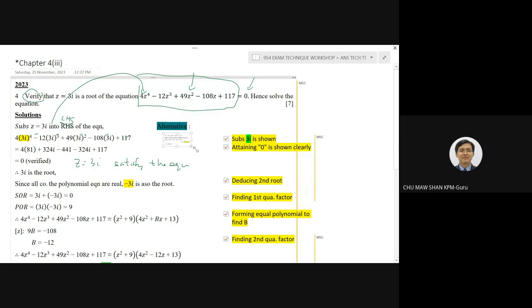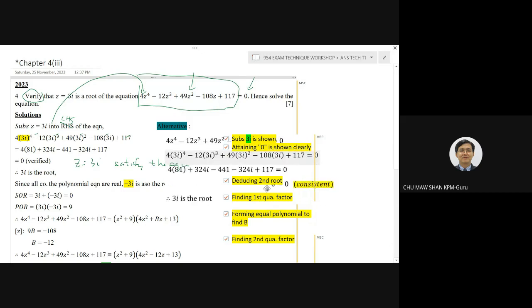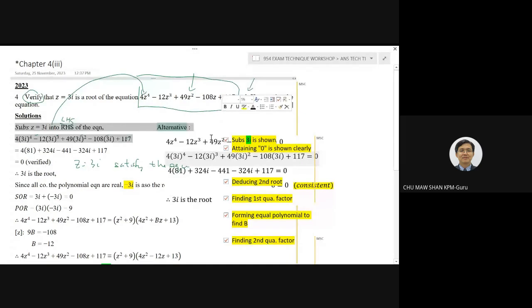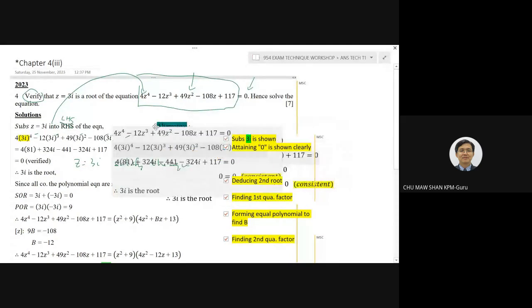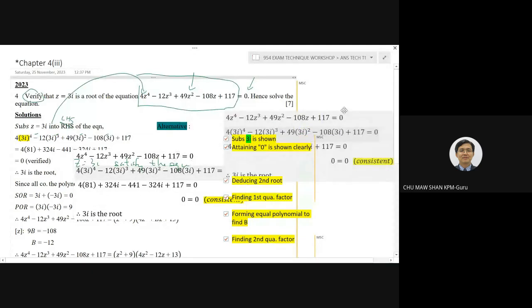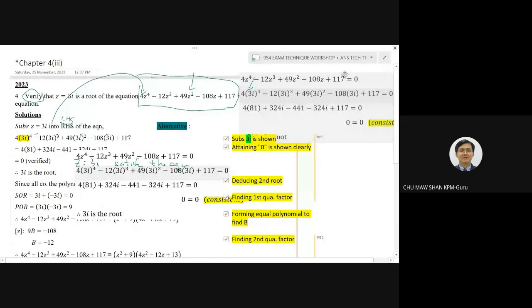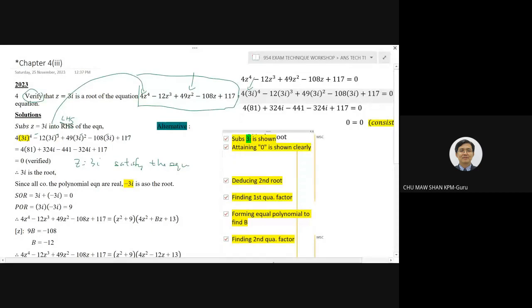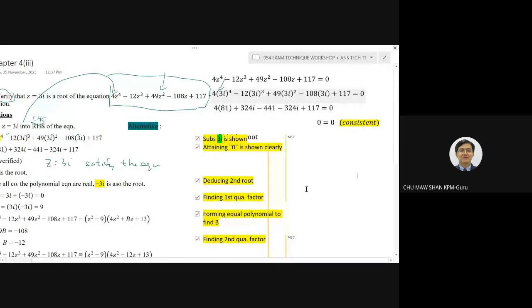All right. You look at this alternative way. Can see clearly. A little bit disturbance. Okay, this one. You see, this student is working in the equation form. Boleh tak? Kena berhati-hati. Okay, you sub the Z 3I itu masuk ke dalam equation.